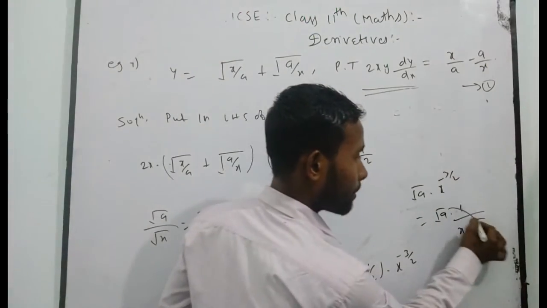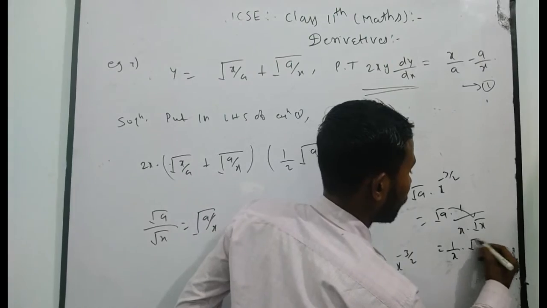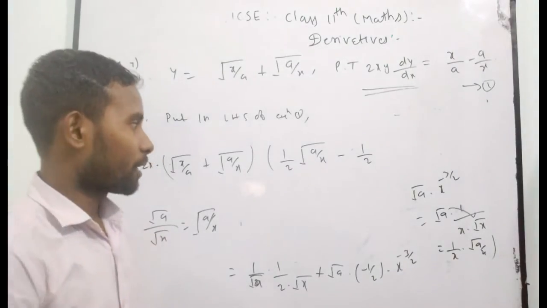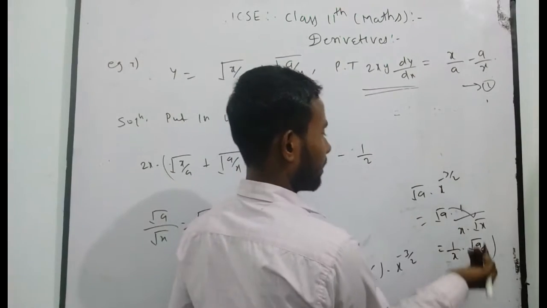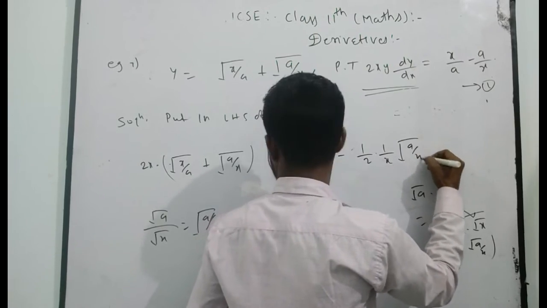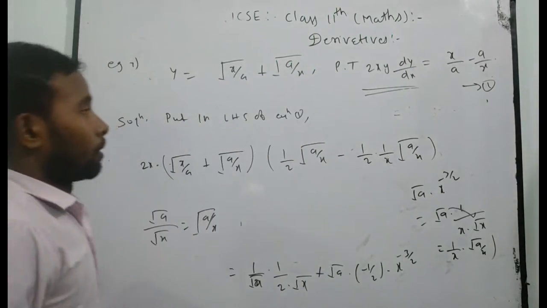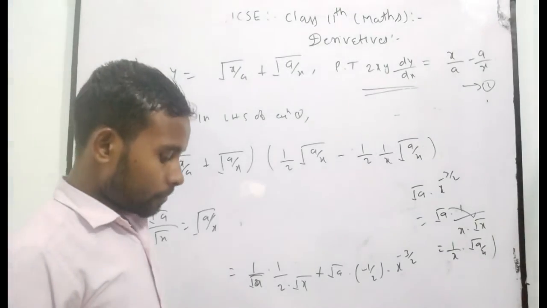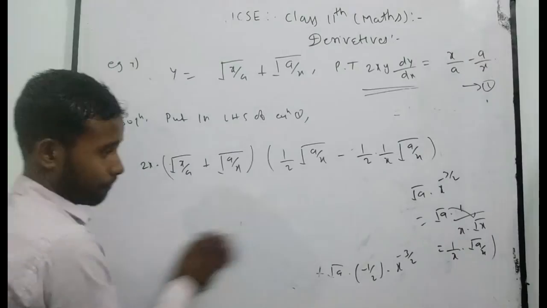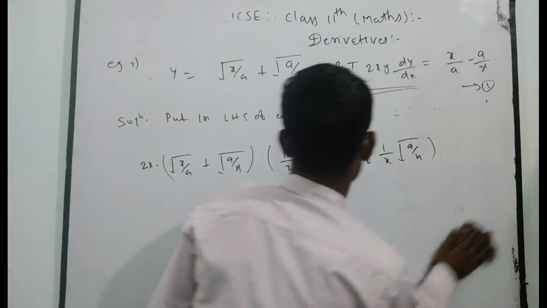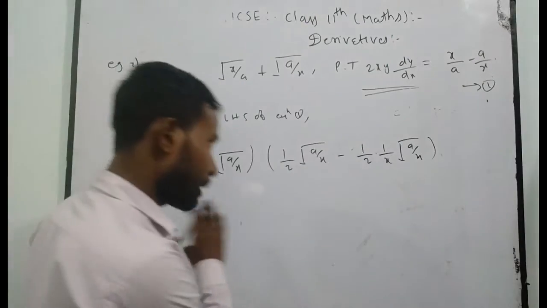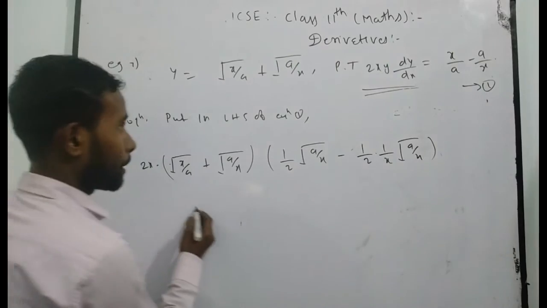Now if you take both terms as the same, in that case you get 1 upon x into root under a by x. Have you understood? Now I want to write here 1 upon 2 into x into root under a by x. If you understand it, I will suggest you simply multiply.